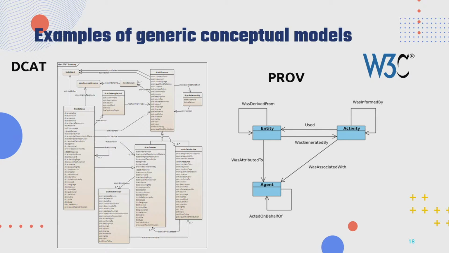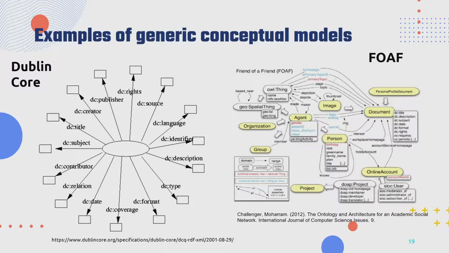You have PROV, which is a basic model to represent provenance information in a standardized way. You also have another well-known one, Dublin Core. And here it's just one part of the model, the most simple one, but behind the scenes you have a more complex one. You also have the Friend of a Friend conceptual model that describes people and the relations between people.